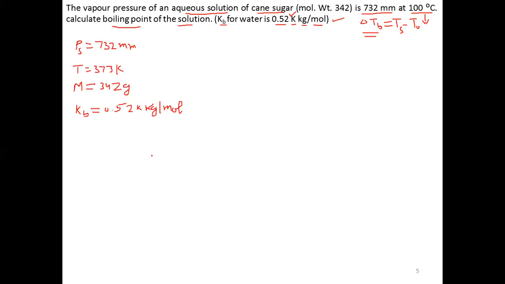So Ts, the boiling point of the solution, will be given by delta Tb plus T naught.